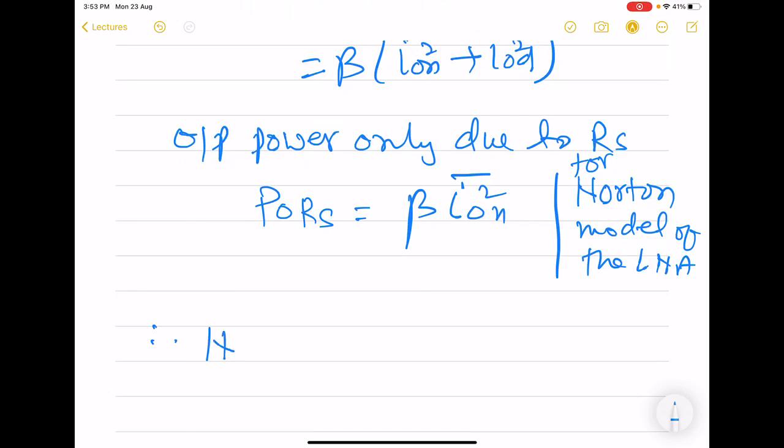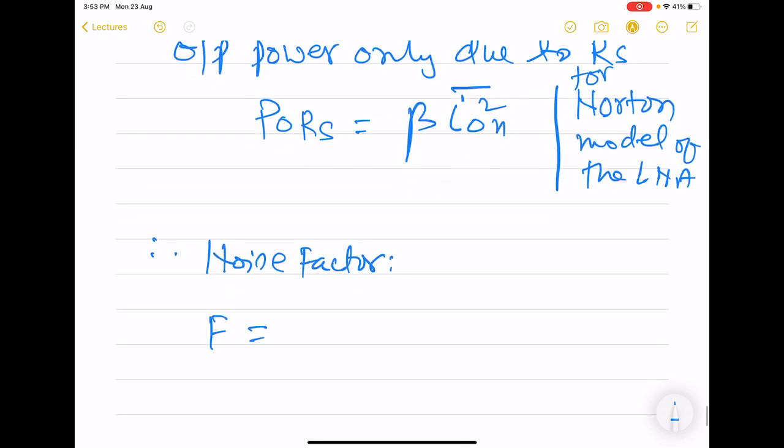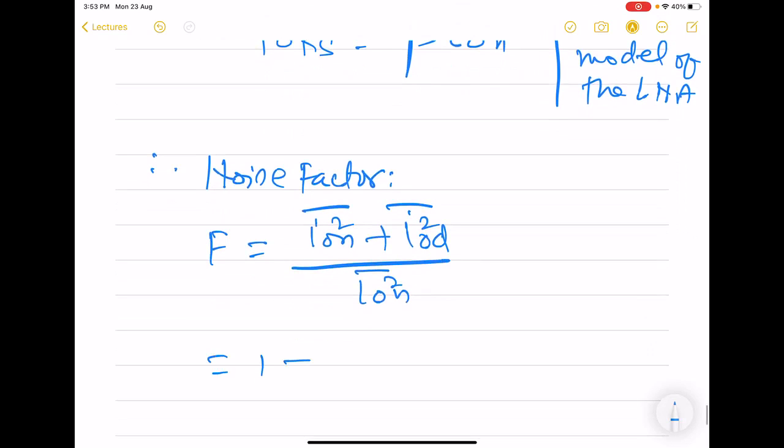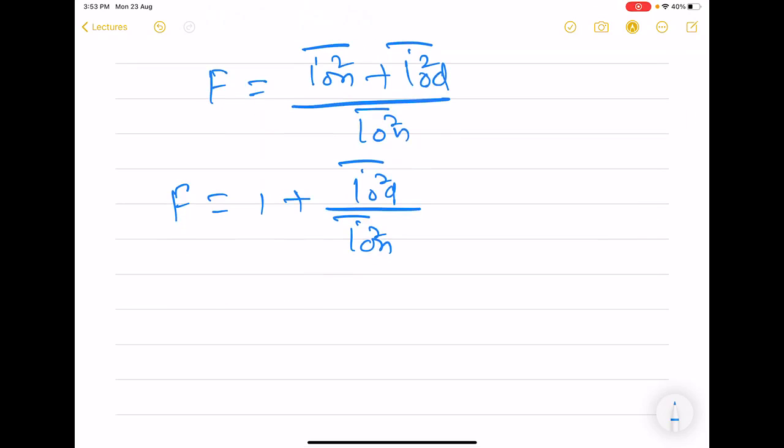Therefore, the noise factor F is going to be ION mean square plus IOD mean square divided by ION mean square, and this is 1 plus IOD mean square over ION mean square. So we can substitute.